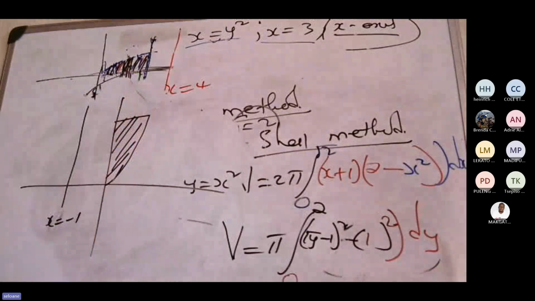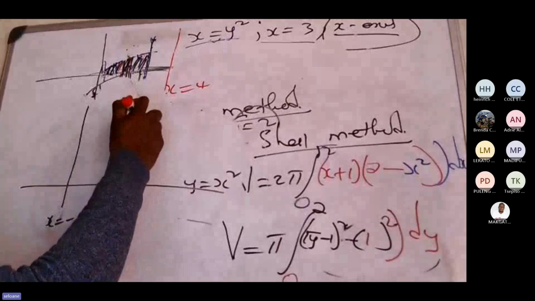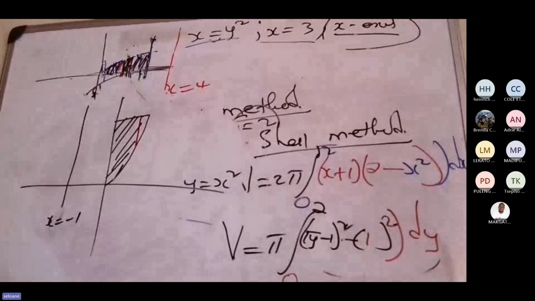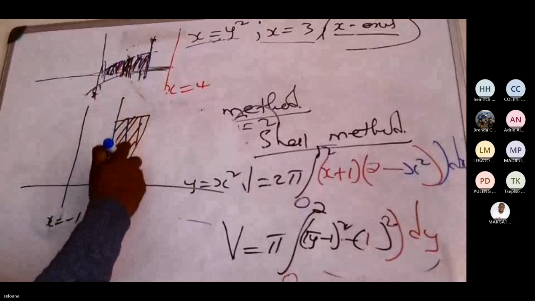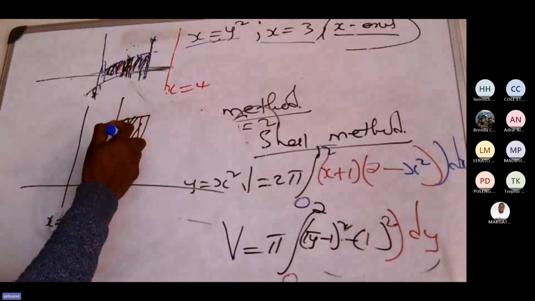And we are using the shell method, which at the end you are going to get rectangles. How do you cut it? You can just cut here, or somebody can come and cut here. It doesn't matter.